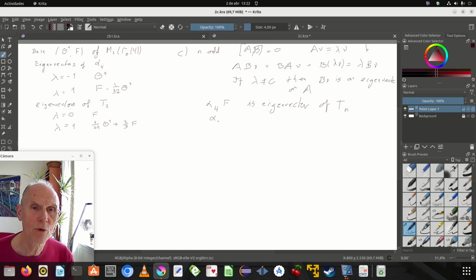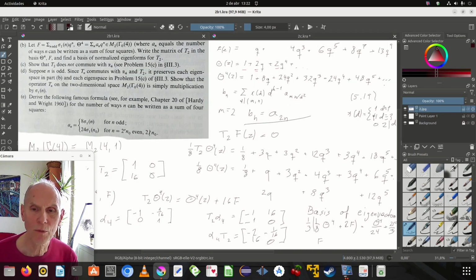But alpha 4 of theta equals, now what was that? Minus 1/16 theta to the 4th plus F. I think that was what we had. Yeah.